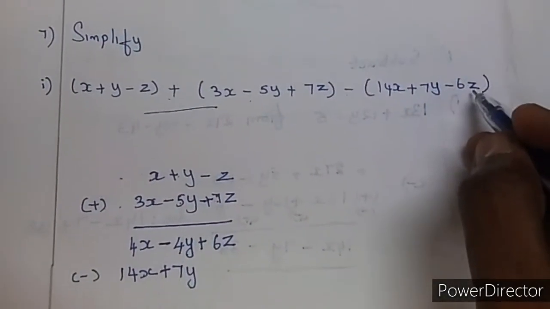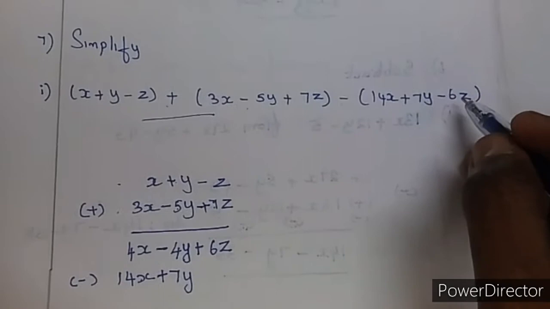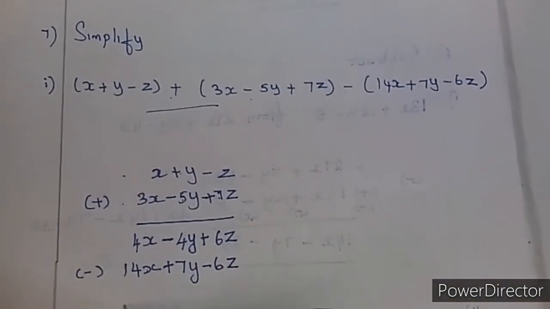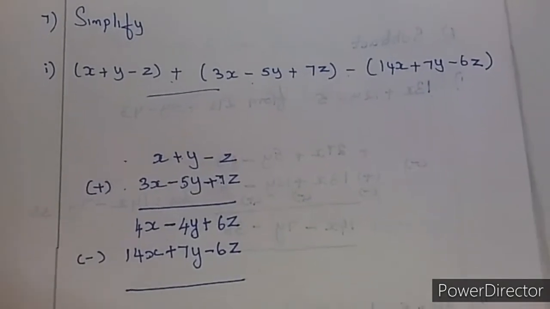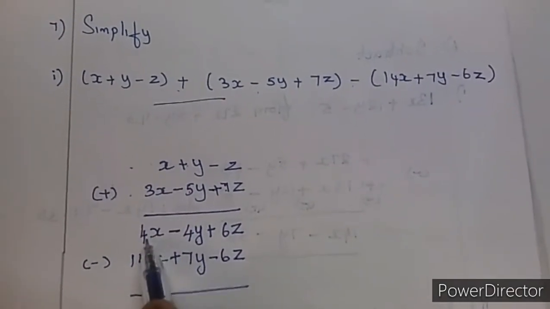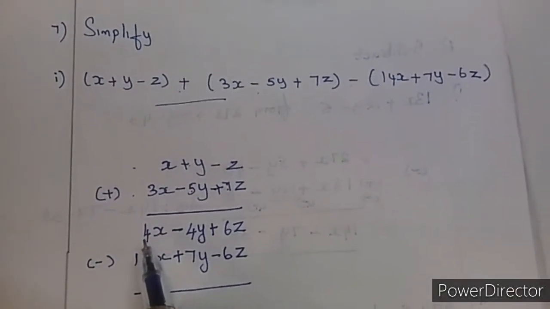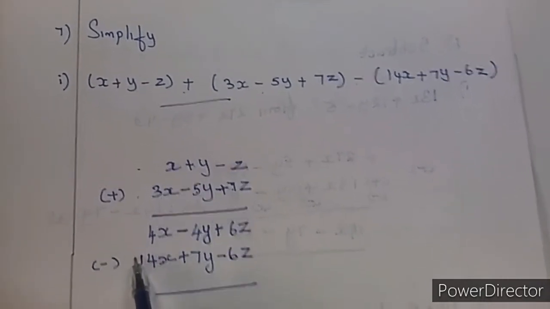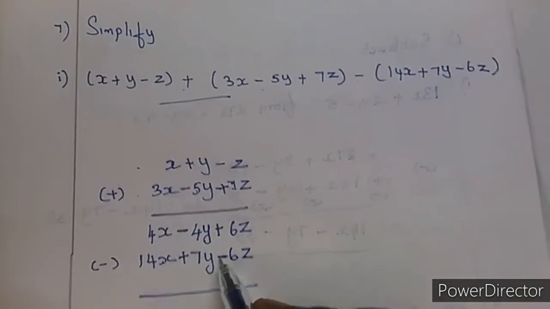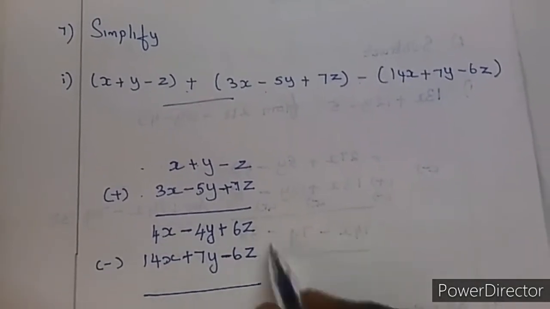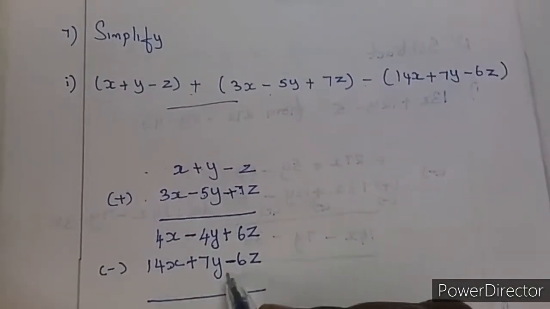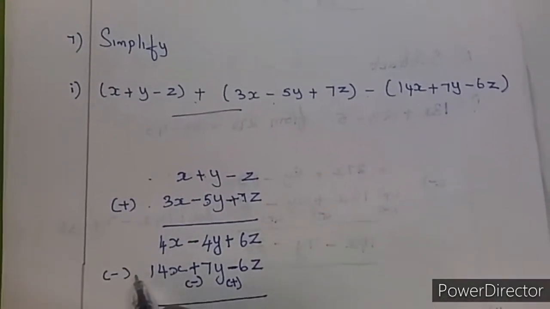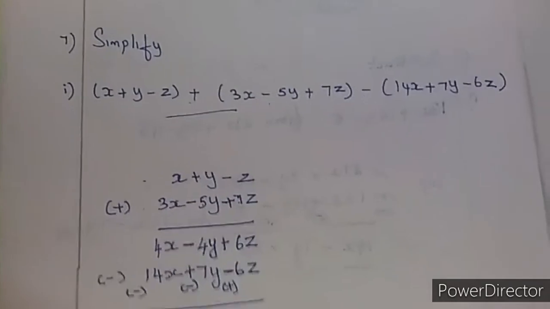Here they gave minus 6z, as it is given in the question, you write minus 6z. Here we are going to subtract these two expressions. As I told in the previous sum, if we are subtracting two expressions, change the sign in the second expression. So minus sign will change to plus, plus sign we change to minus, plus sign we change to minus.